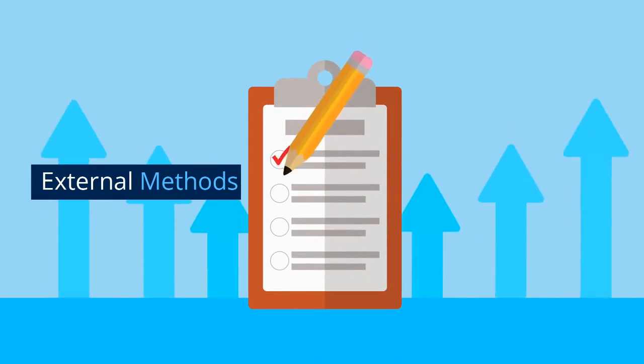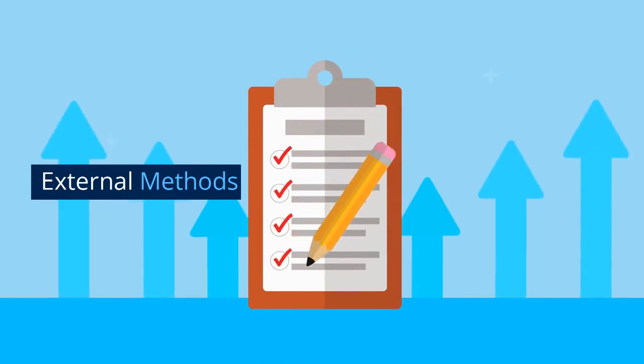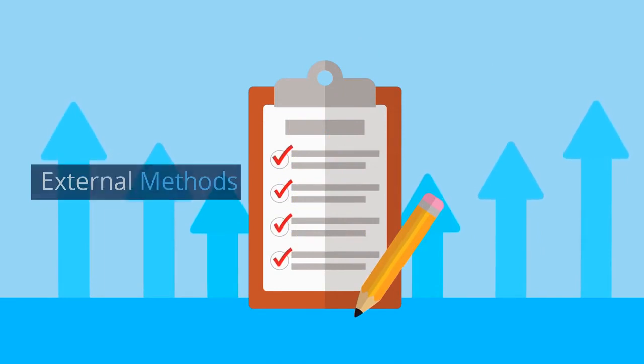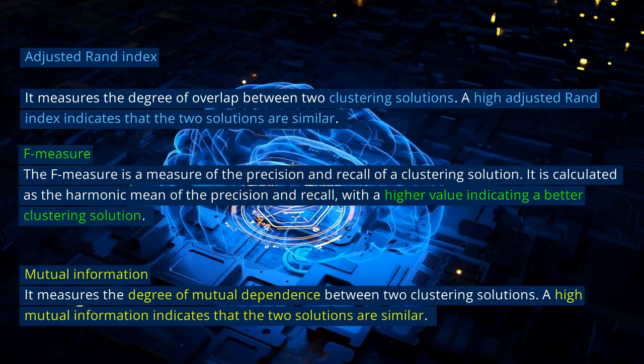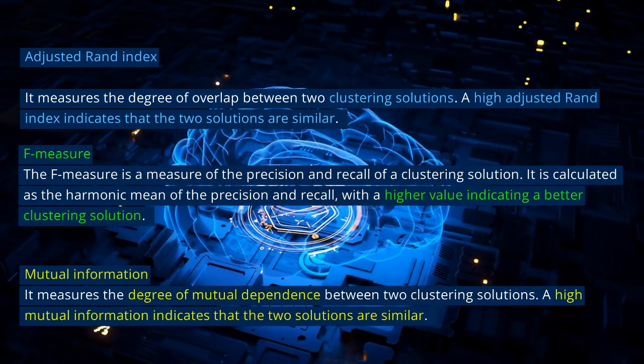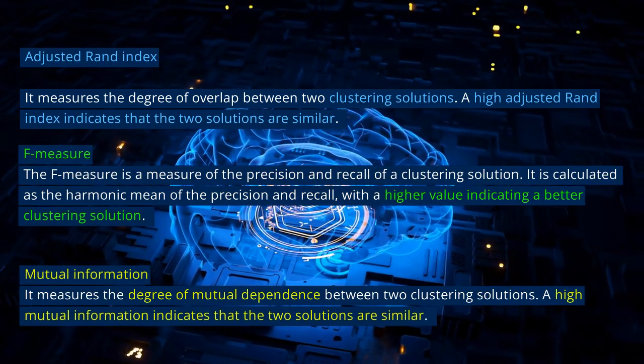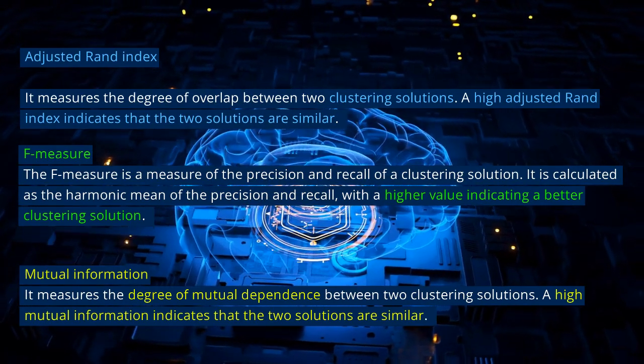External evaluation methods involve comparing the clustering solution to a known ground truth or to a different clustering solution. Adjusted rand index measures the degree of overlap between two clustering solutions. A high adjusted rand index indicates that the two solutions are similar.